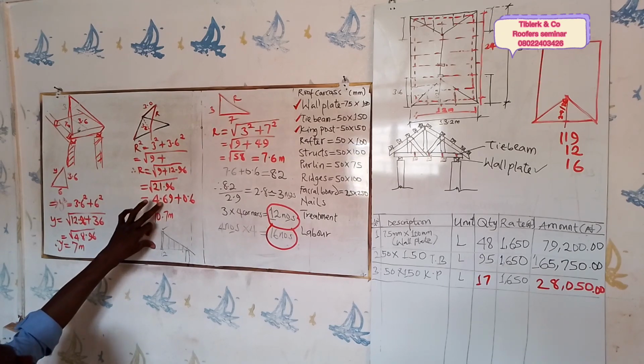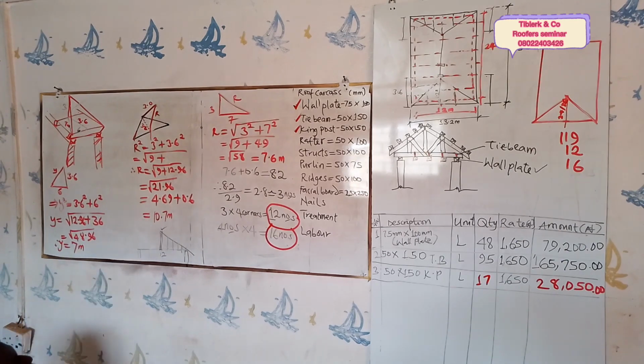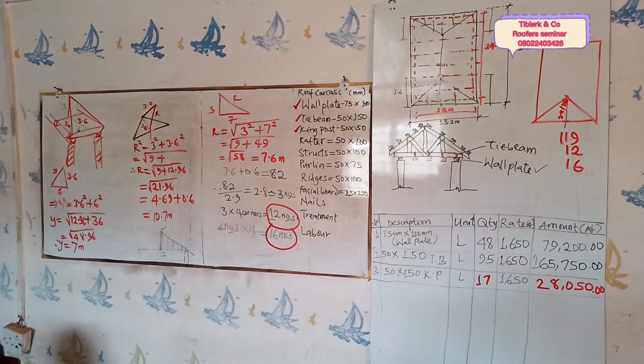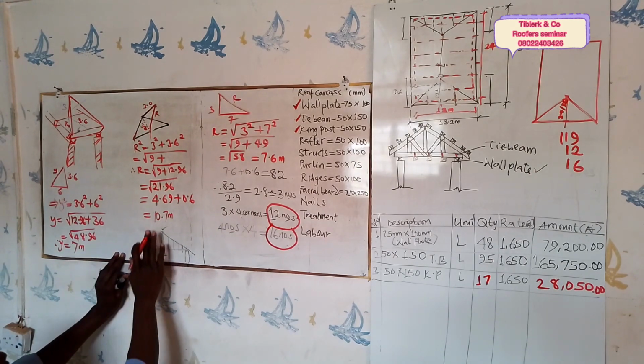No, 4.67 plus 0.6. That's 4.7 plus 0.6, that's 5.3. Where do you get 10.7? Wow.